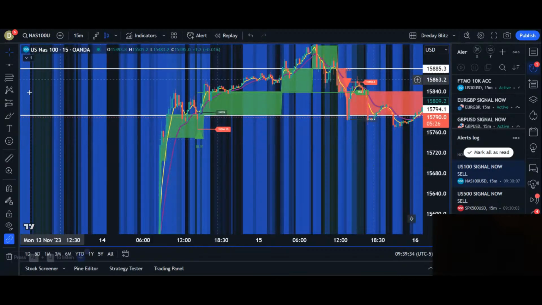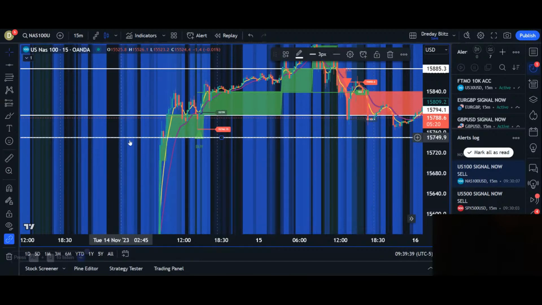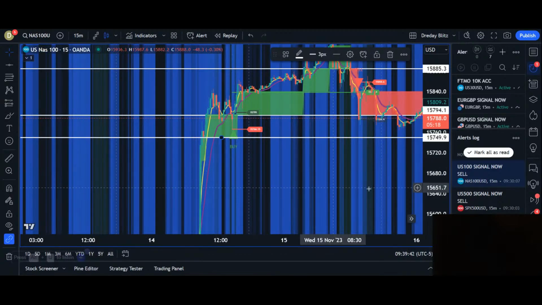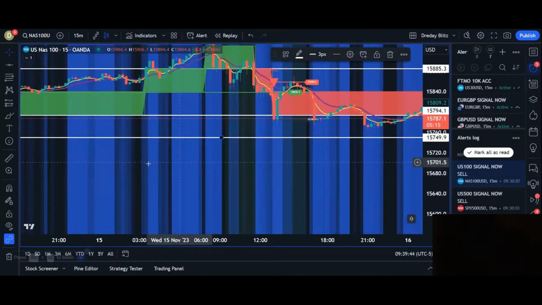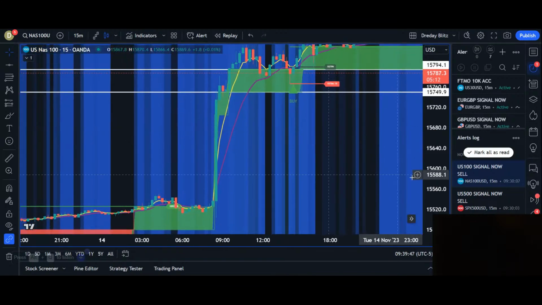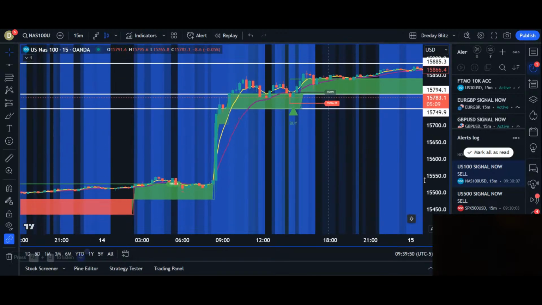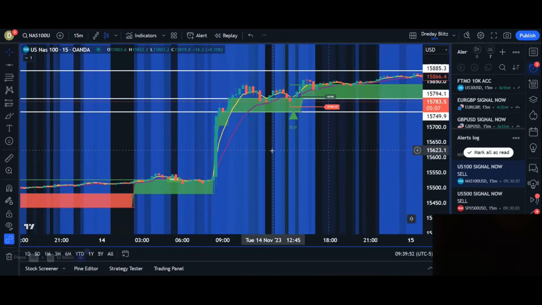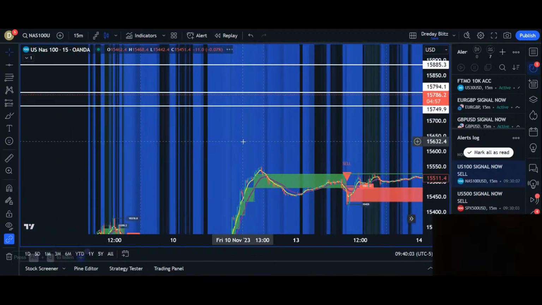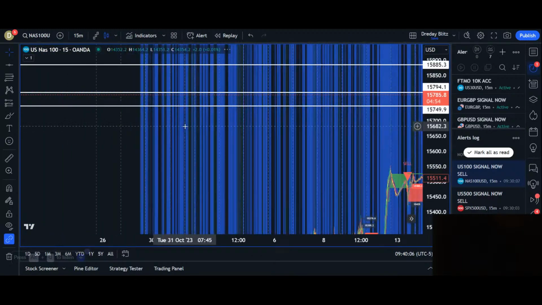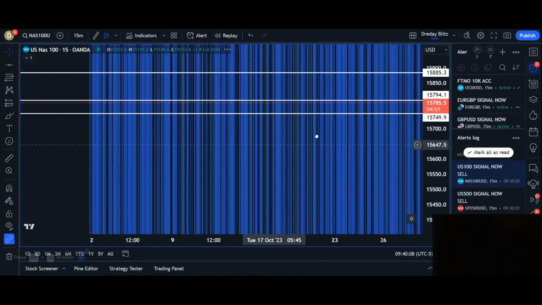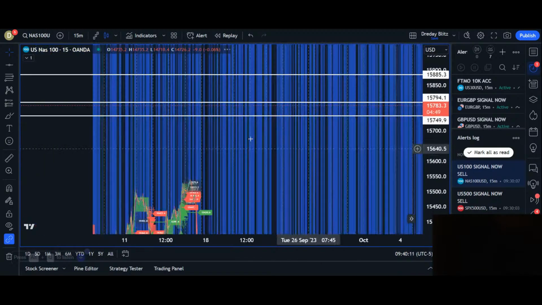Then the next zone after that is this one. Then the next zone here, since there's a big move like this, you just have to go back in the past just to make sure that you plot your zones the right way.